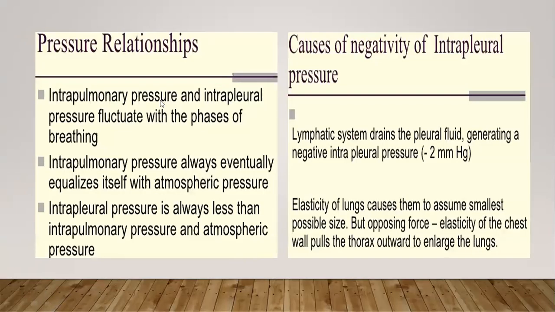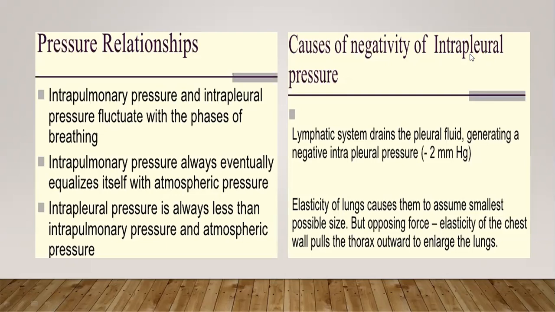So what are the causes? There are two causes that explain the negativity of the intrapleural pressure, and I want you guys to work with me. The simpler one is just the lymphatic system. The lymphatic system has to be in place to drain pleural fluid, right? Because again, you can't have an overproduction of pleural fluid. If you have an overproduction of pleural fluid, you can have a buildup of fluid around the lungs.